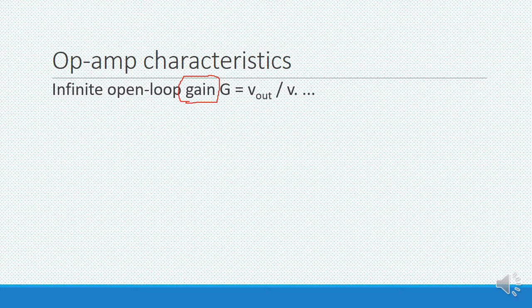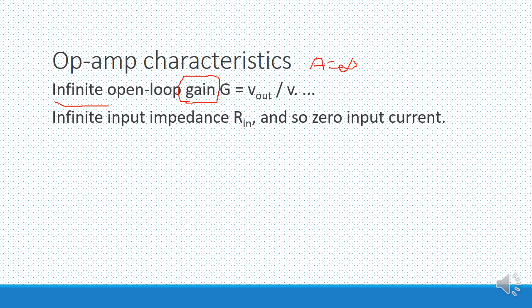All of you know the gain. From the beginning of this class, we are hearing this word gain. This op-amp has an open loop gain of infinity. So till now you know the open loop gain. How much is that open loop gain? That is equal to infinity. And its formula is V out divided by V in. This is about the open loop gain, one characteristic. Next characteristic is input impedance and the input current.